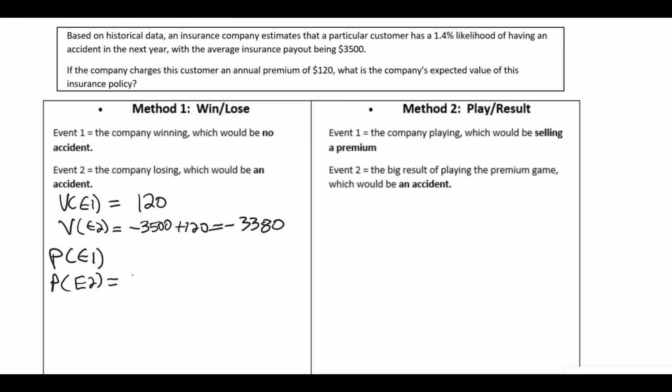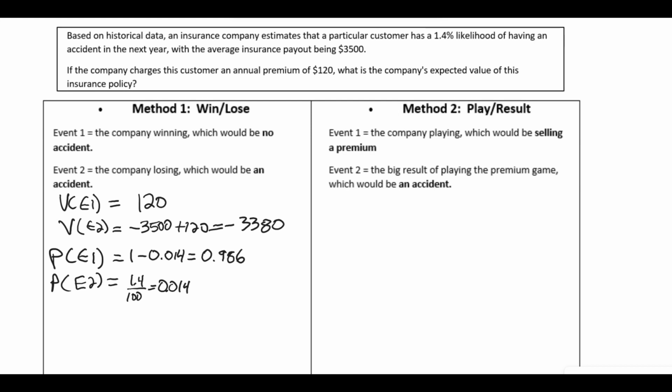And so that would be 1.4 over 100, 0.014. And then the probability that there's no accident is the remaining probability, which we can get by subtracting from 1, and we get 0.986.